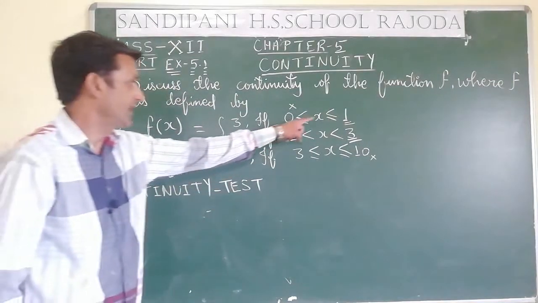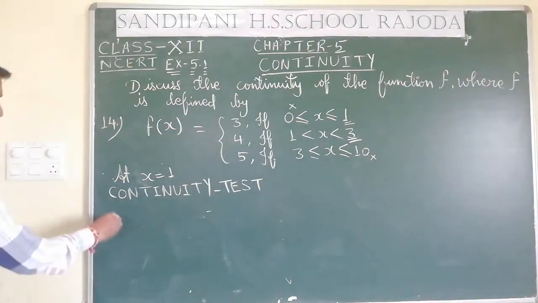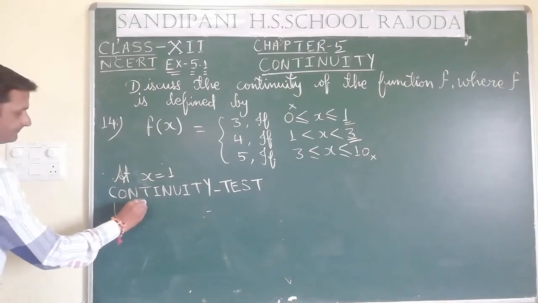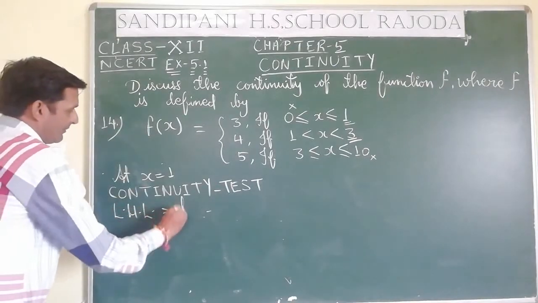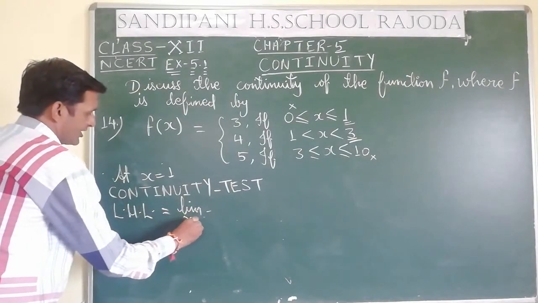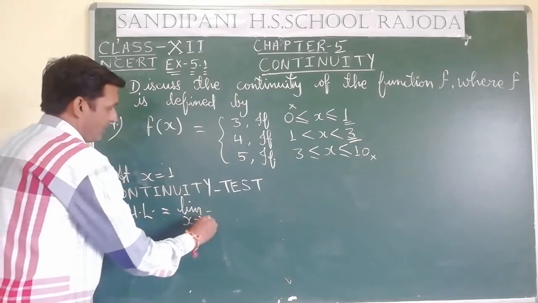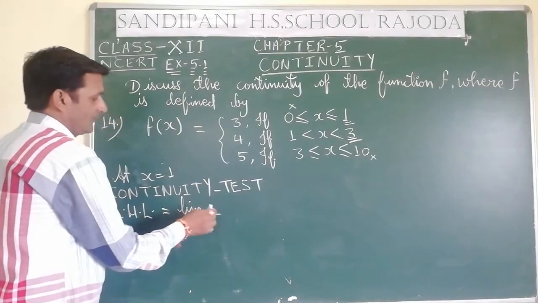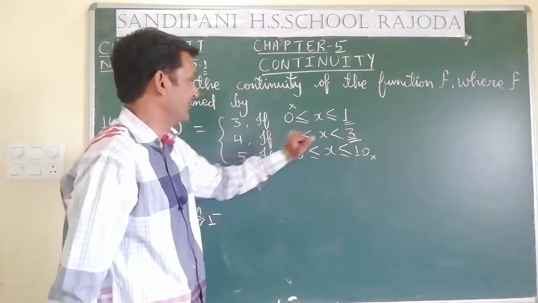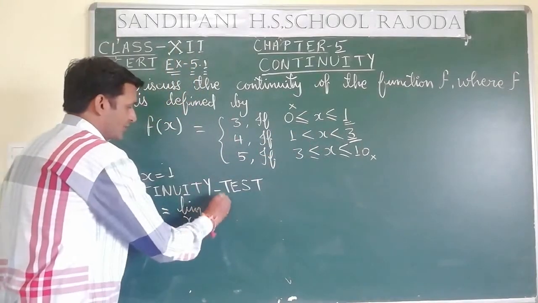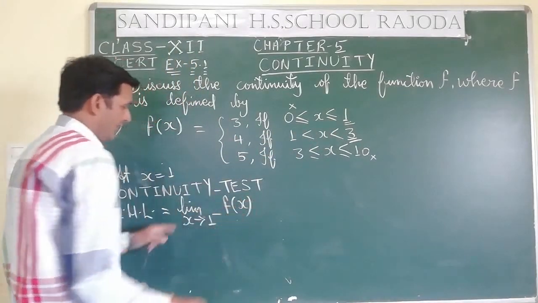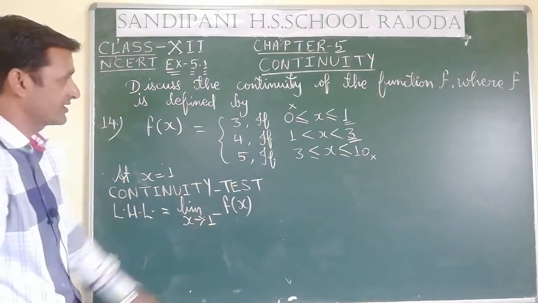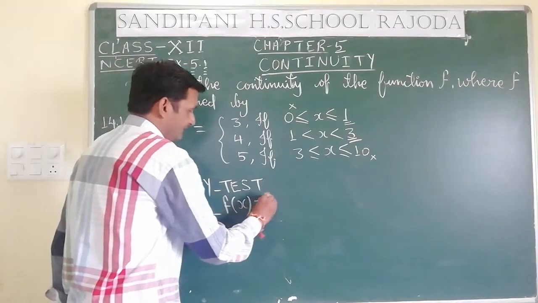See, at x is equal to 1, let us solve LHL, that is equal to limit x tends to 1 minus, meaning less than 1, so it is 3 only. So we can write limit x tends to 1 minus f of x, it is directly 3 given.